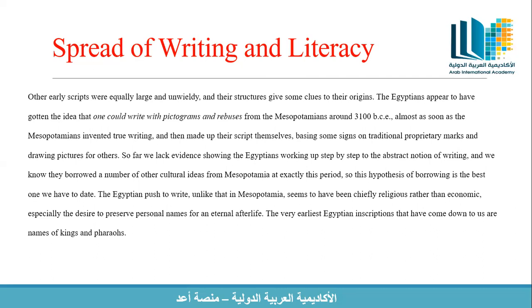So the Egyptian push to write, unlike that in Mesopotamia, seems to have been chiefly religious rather than economic, especially the desire to preserve personal names for an entire afterlife. The very earliest Egyptian inscriptions that have come down to us are names of kings and pharaohs.